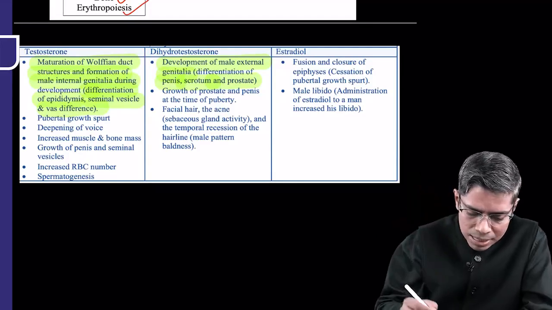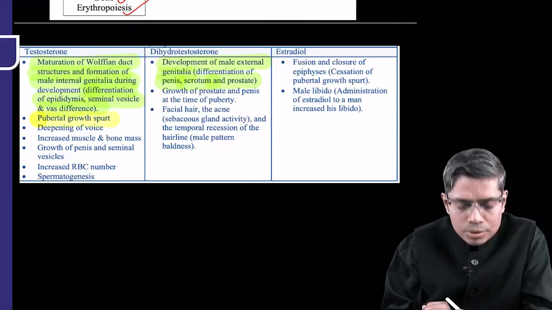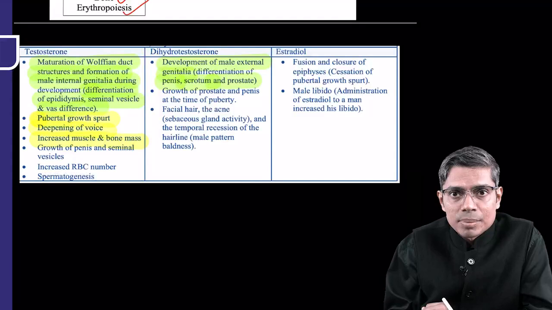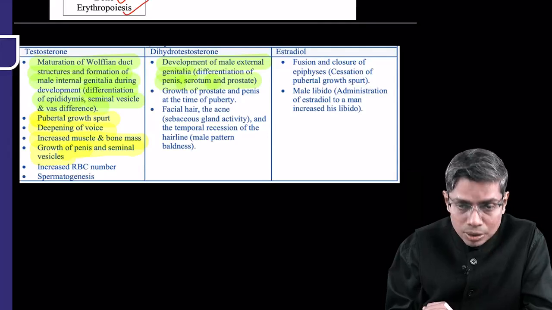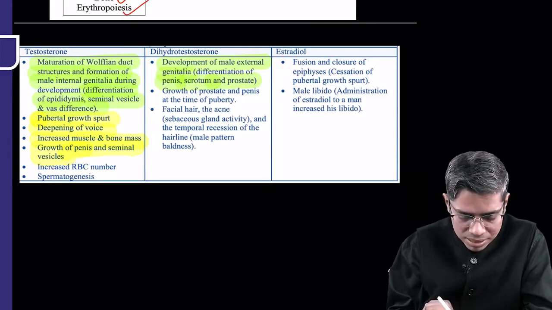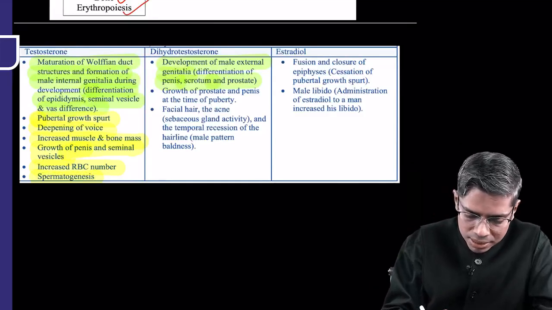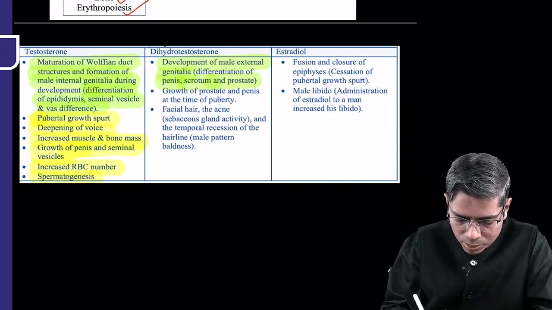Now, not only that, if you look at the second function here, pubertal growth is also done by testosterone. Deepening of the voice, increasing muscle mass and bone mass, that is also done by testosterone, right? Growth of the penis and seminal vesicle, right? Not the differentiation, not the development, and increase in RBC number as well as the process of spermatogenesis. Rather than testosterone, if you look at dihydrotestosterone, you find out what its function is.